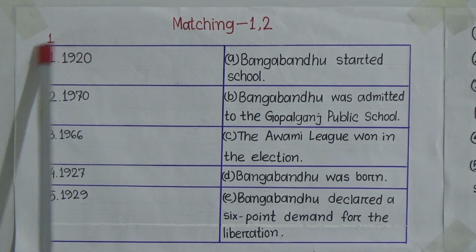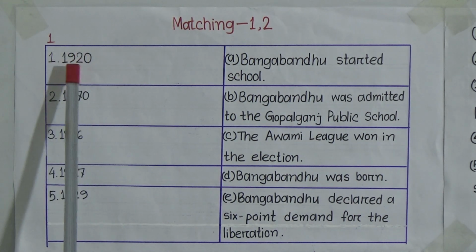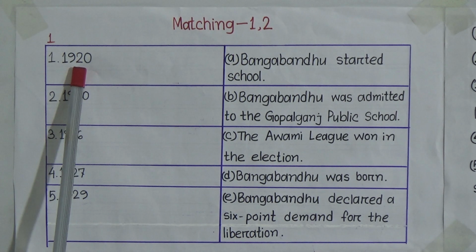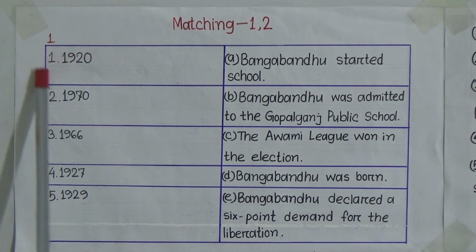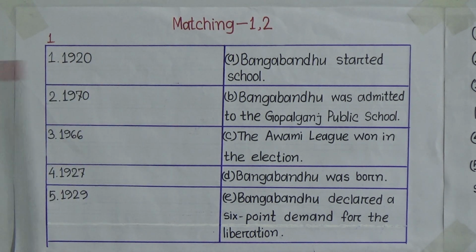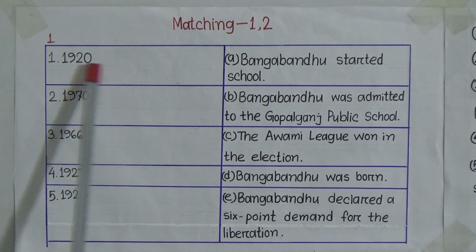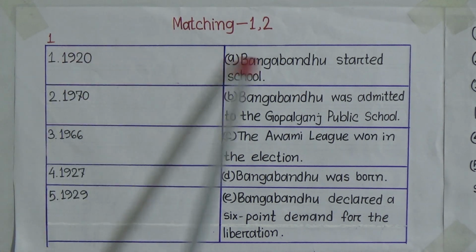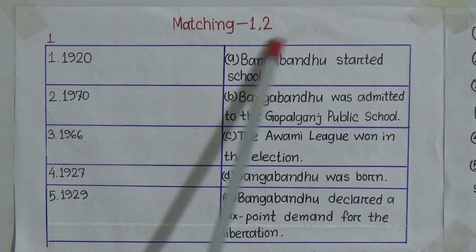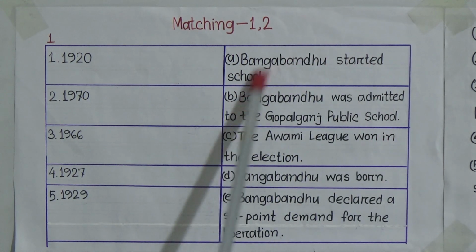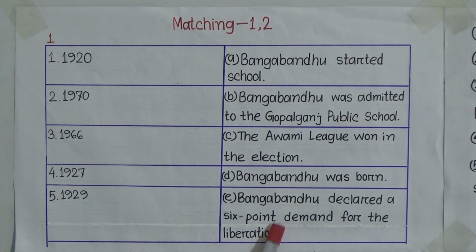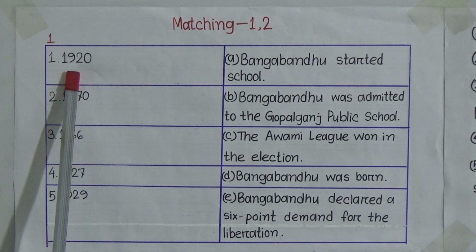First we will start with number 1. Number 1 is 1920. We get the year, but can we guess what happened in 1920? We have to take the information from the other side. So from all this information we find that Bangabandhu was born in 1920.